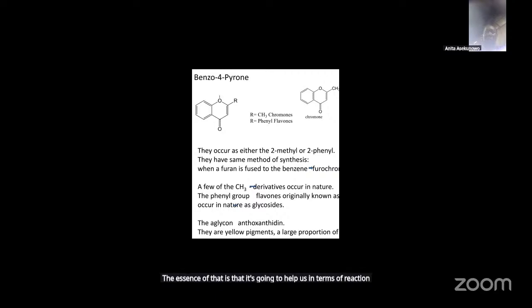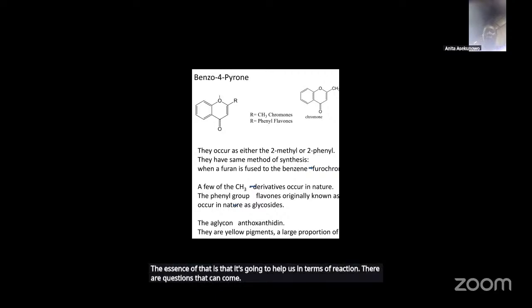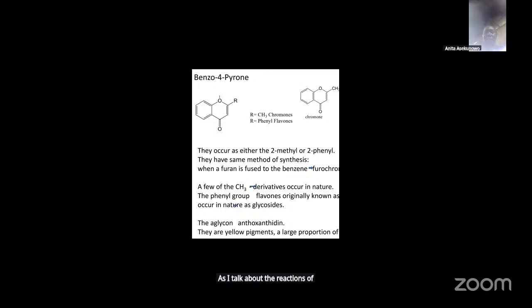There are questions that can come. We can talk about the reactions of flavone or reactions of chromone. Now, this benzo-5-pyrone can occur as a 2-methyl or 2-phenyl. When I have 2-methyl, I'm going to have it as chromone. When I have 2-phenyl, I'm going to have it as flavone.